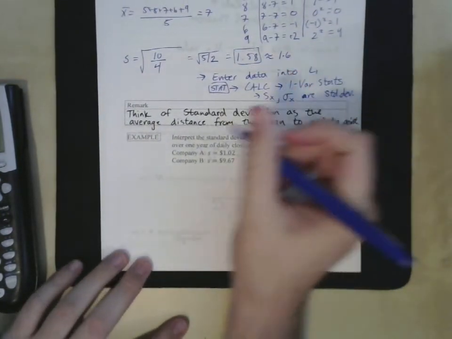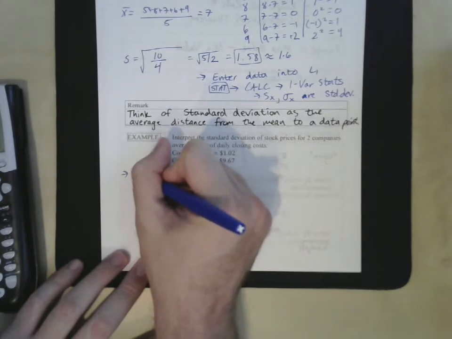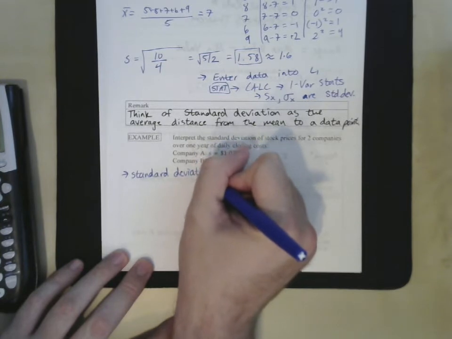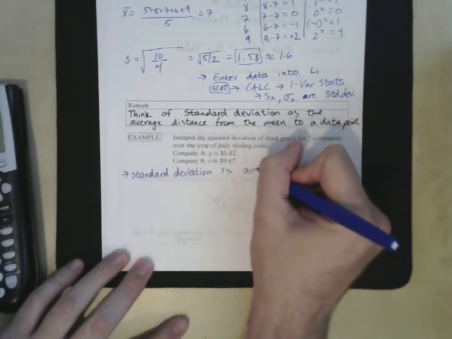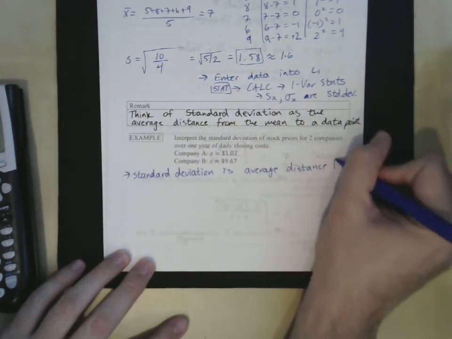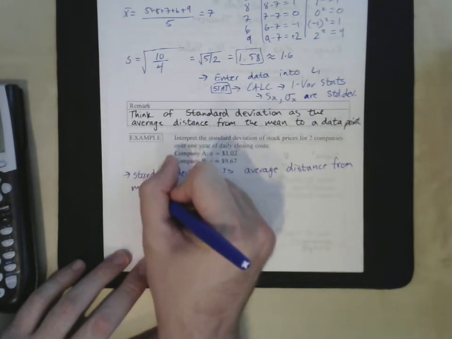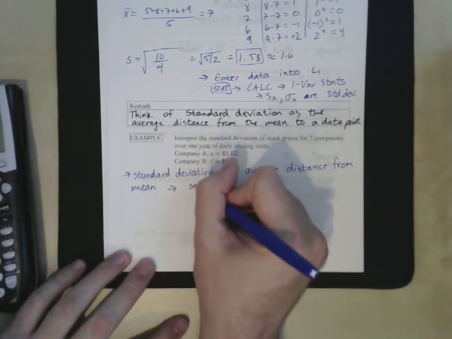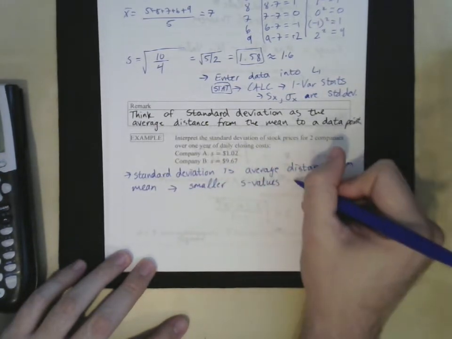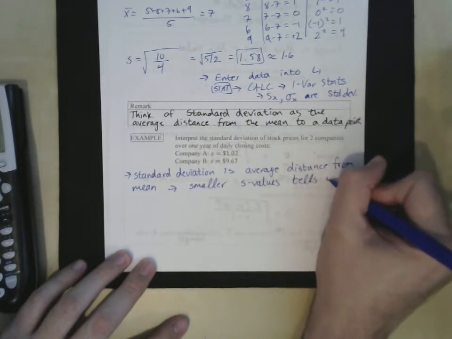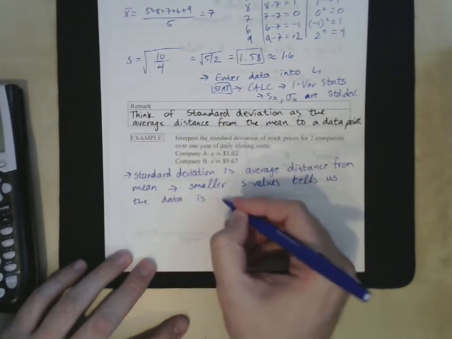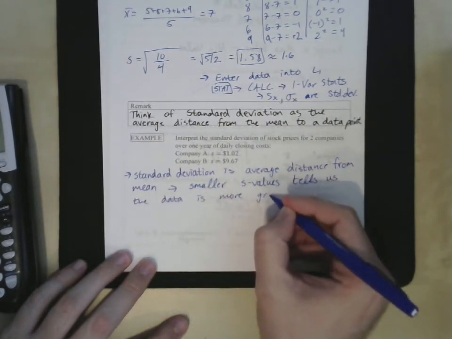So if we think about the standard deviation as the average distance from the mean, it means that smaller S values tell us the data is more grouped in the center.